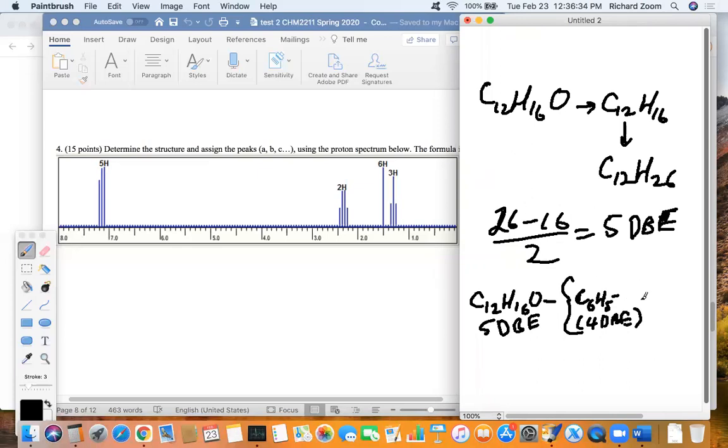So we've got C6H5, we've got the CH2 there, and we've got a 6H, because it's a single peak, likely to be 2 CH3s, and then another CH3 as well. And then that would mean we've got 6, 10, 12. We've got 2 Cs left and an oxygen and a double bond equivalent. So we've got a C and a C double bond O left over. And then we can try and put something together here.